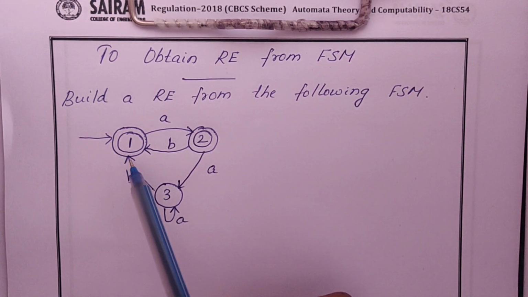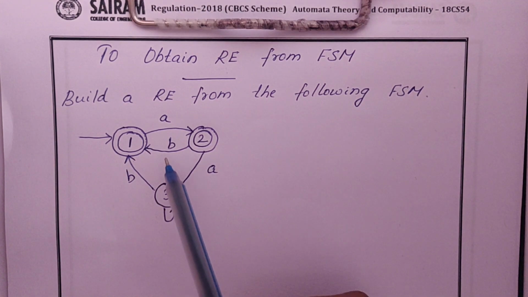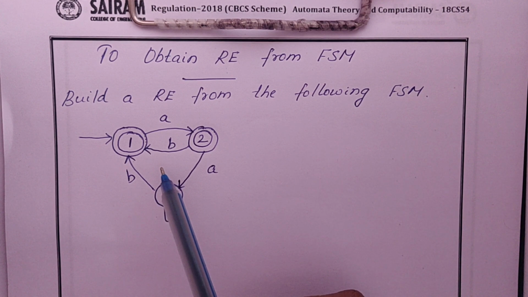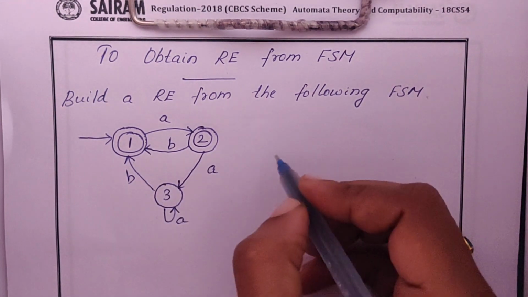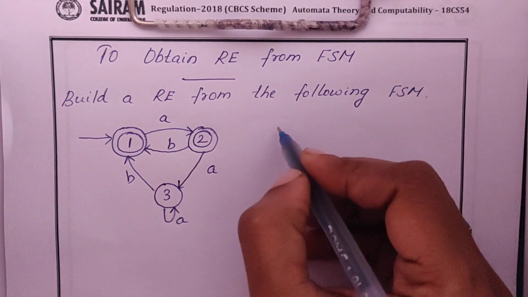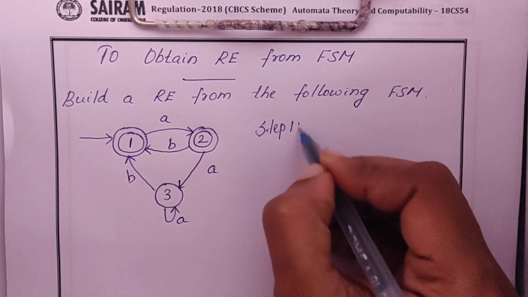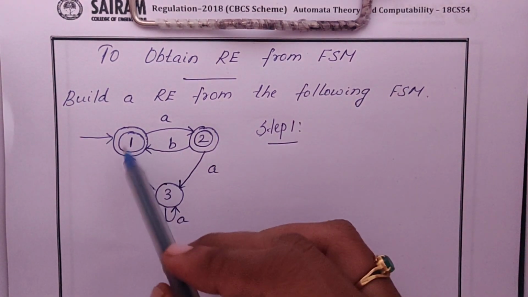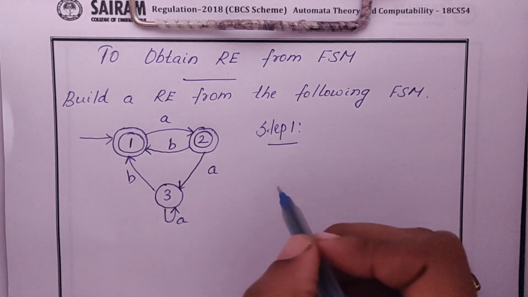If start state has incoming edge, you have to make a new start state with epsilon transition. So I have an incoming edge to my start state. What I'll be doing is I'll remove this old start state and I'll make a new start state.